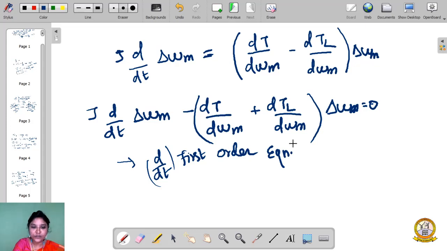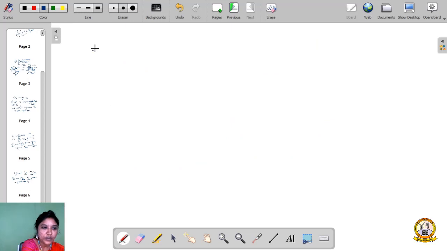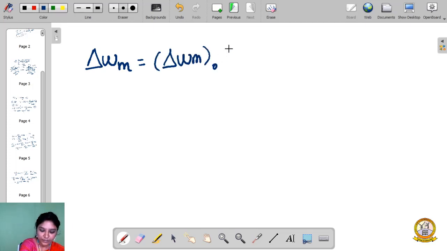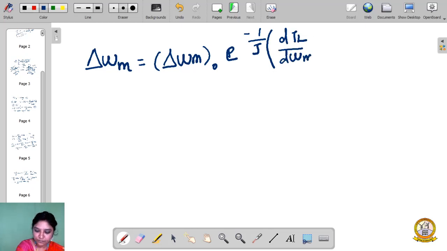So for the first order equation, the solution is represented as del omega m equal to the initial condition times exponential of minus 1 by J (dTL/d omega m minus dT/d omega m) t. So here this is the initial disturbance given.